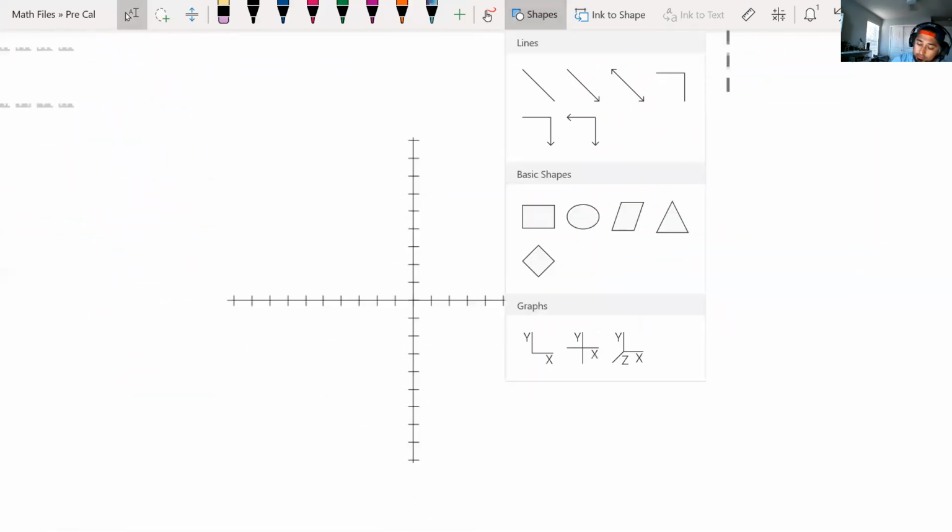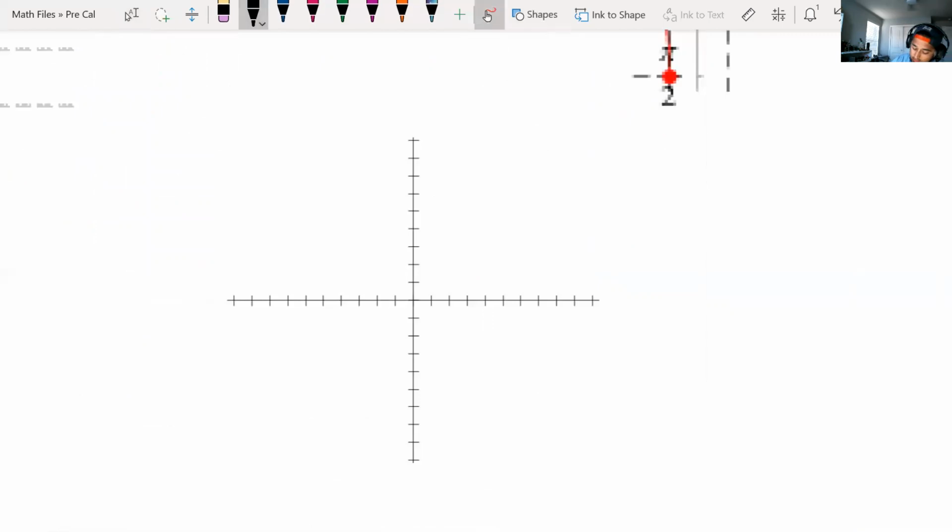So let's see where the inverse cosecant function lives. Here's our unit circle, and we have negative pi over 2, 0, and pi over 2. We can't exist at 0, but we can exist at pi over 2 and negative pi over 2.